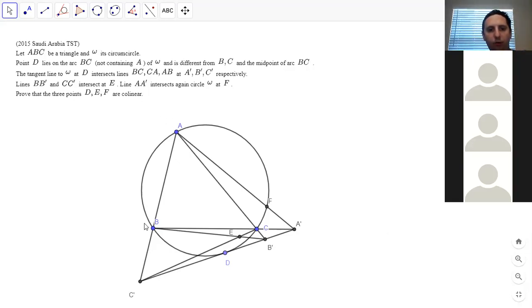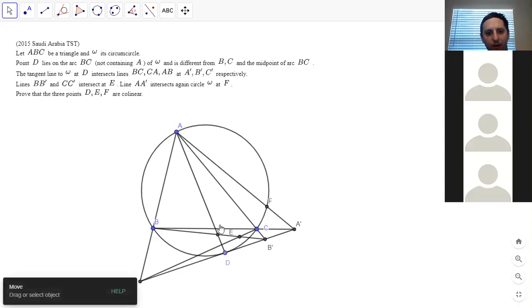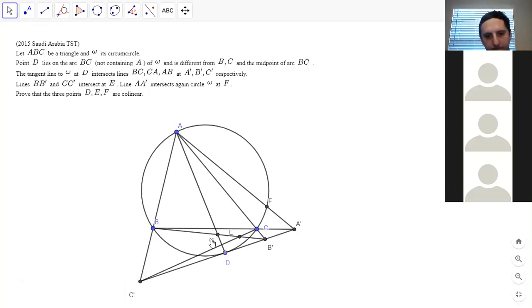So what if I take the quadrilateral ABDF and project it onto B prime? What if I let AD intersect BB prime at a point? I feel like this might be kind of what I tried to do before, but if I take ABDF and project onto BB prime, I want to show it's BB prime GE.